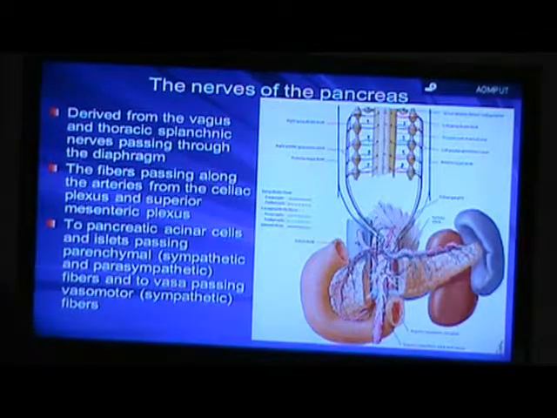The nerves of the pancreas are derived from the vagus nerve and thoracic splanchnic nerves, which pass through the diaphragm. The fibers pass along the arteries from the celiac plexus and the superior mesenteric plexus, so around the superior mesenteric artery.